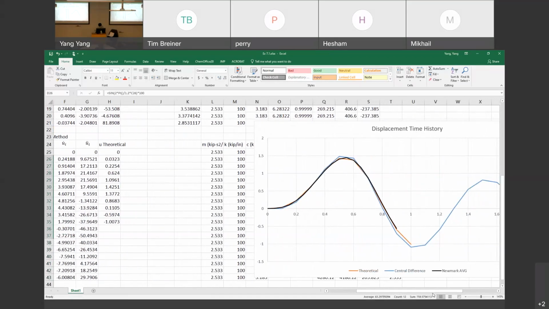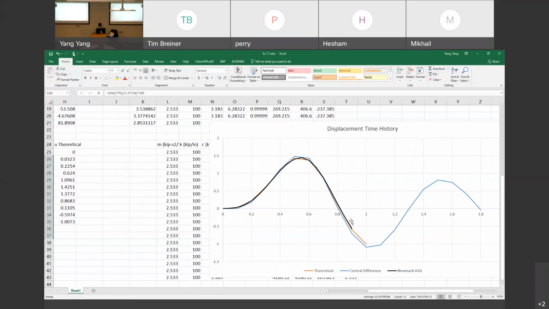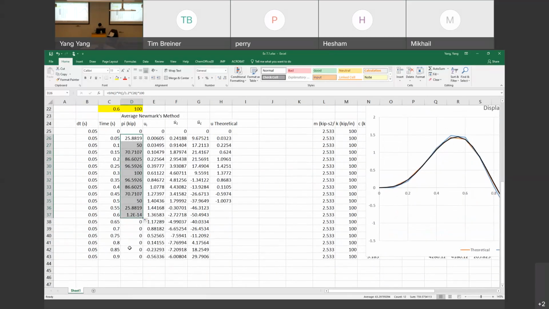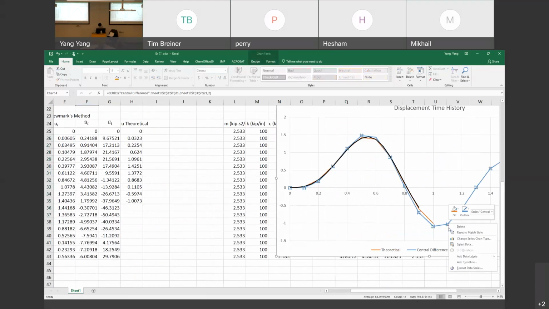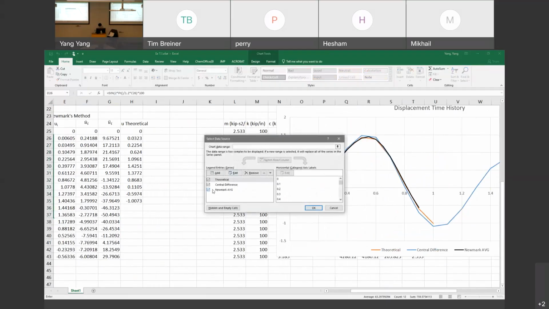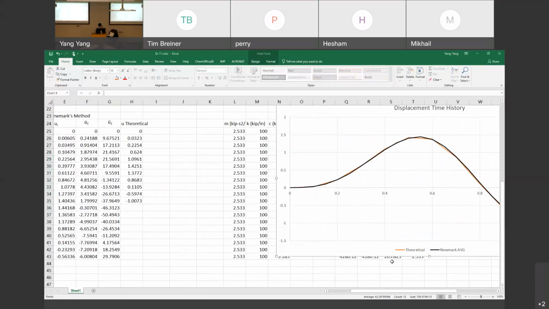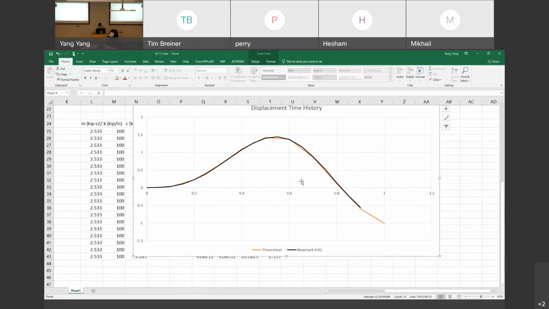If we use a finer time step, what happens if you take a look at the central difference method here? If we use a 0.05 second time step, have we got a more accurate result? We get a more accurate result.